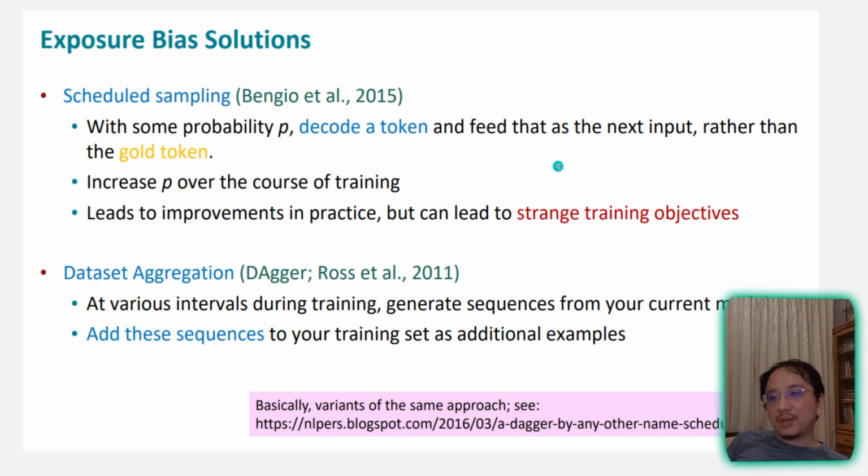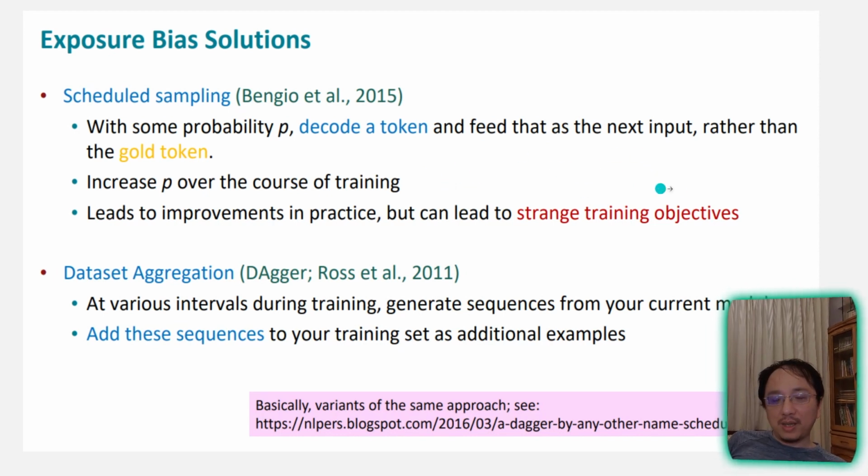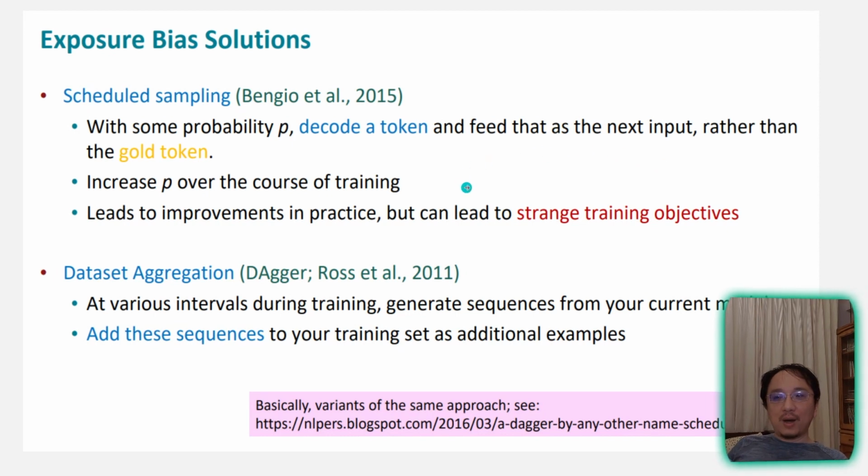We only do that with a small probability. After the model is trained, we can increase the probability a little bit over the course of training. This method seems to be reasonable, but it is not entirely clear how we should define our loss function.